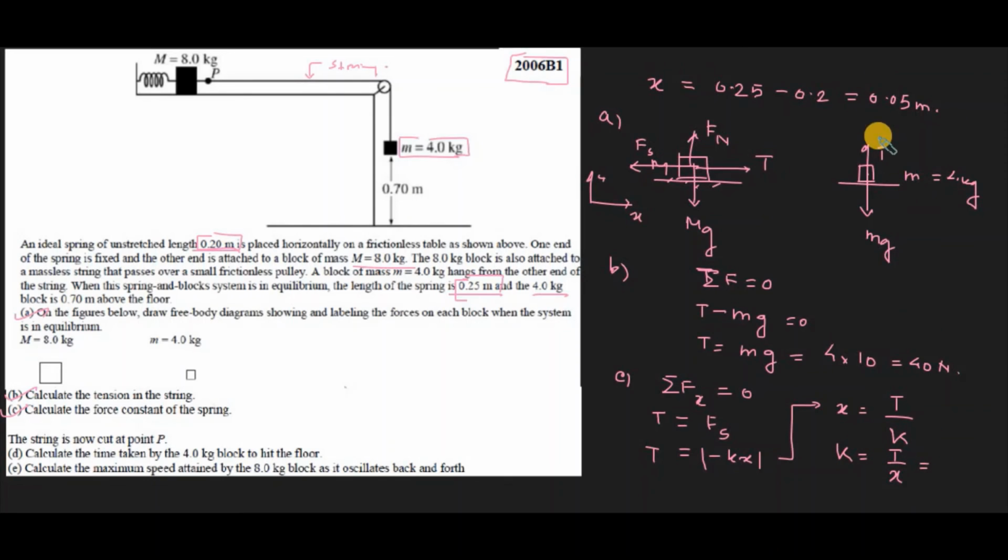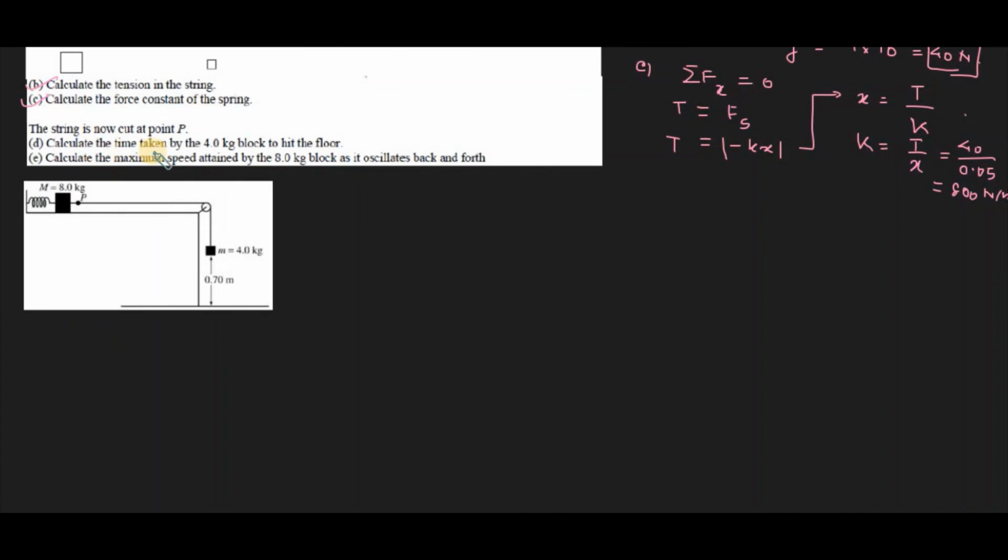Now the T which is produced here, that we have computed, is 40 Newton. So it's 40 upon 0.05, that is 800 Newton per meter.